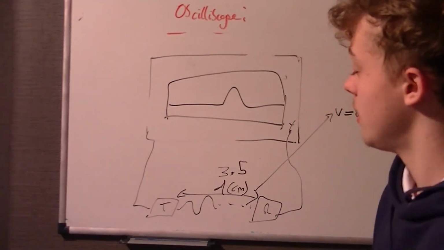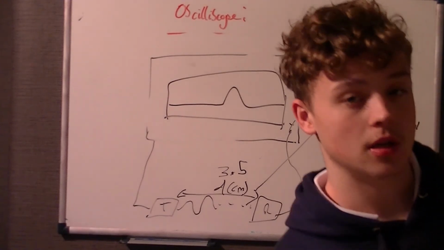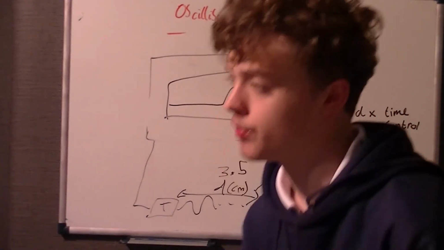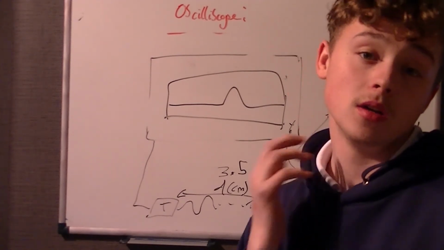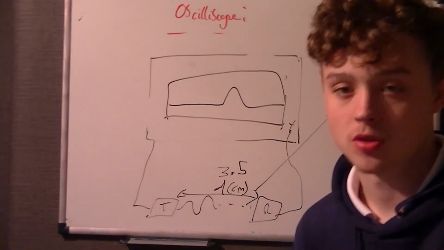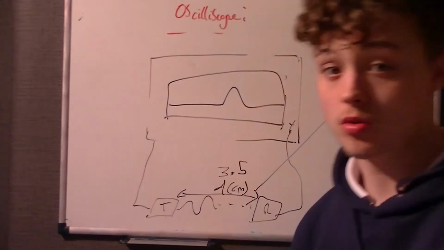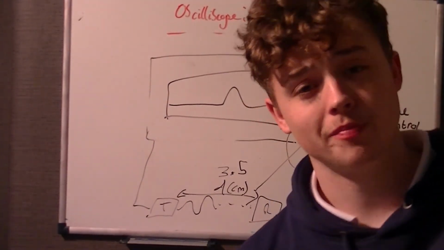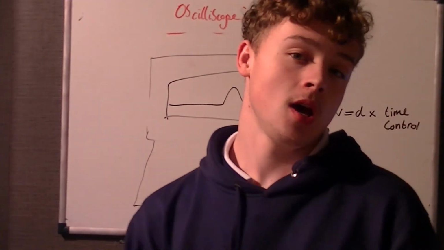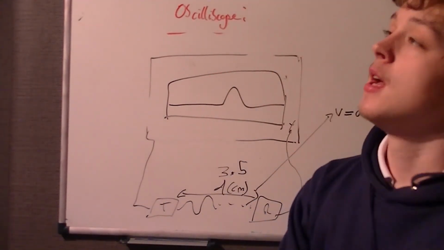Just to go over that again, the anode fires the electrons. The Y plates increase the Y potential difference, so you increase the amplitude of the wave. If you increase the X potential difference in the X plates, you increase the frequency of what it looks like.